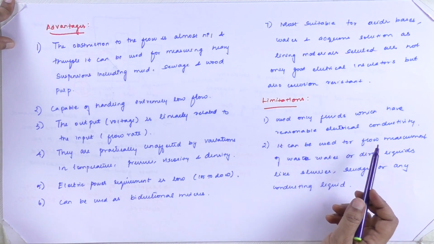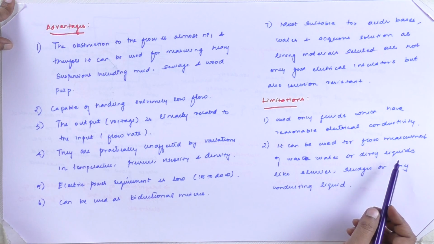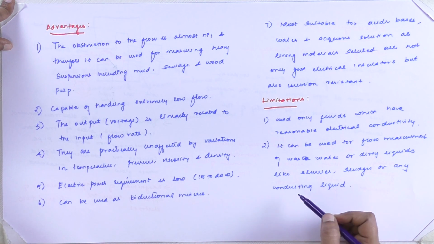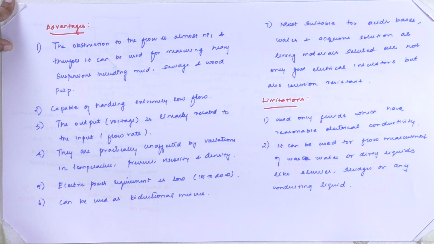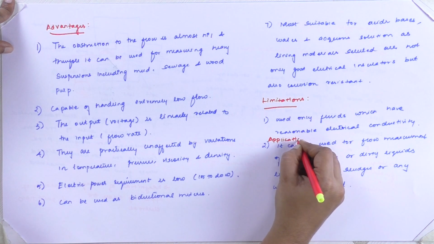So it can be used only for fluids which have reasonable electrical conductivity, and can be used for the flow measurement of wastewaters like slurry, sludges or any conducting liquid. So this is an application of the electromagnetic flow meter. Thank you.